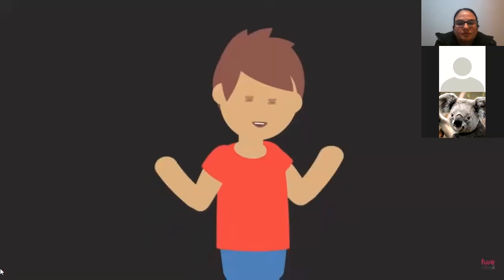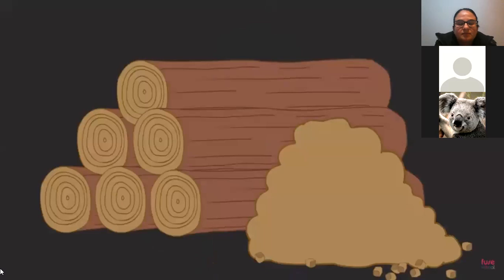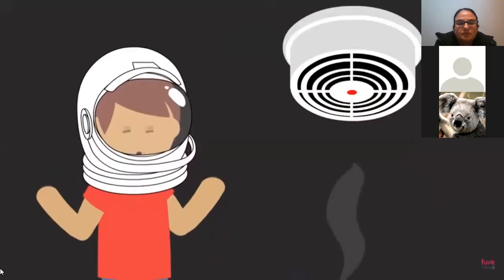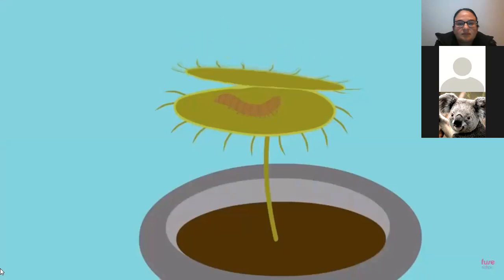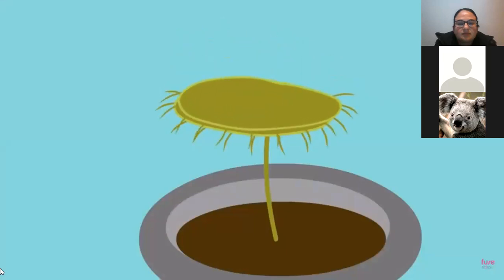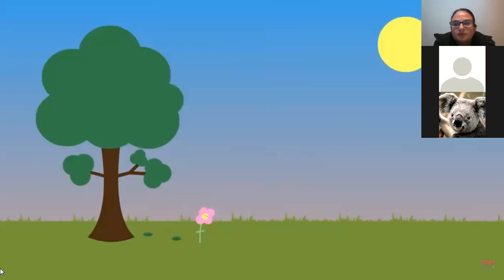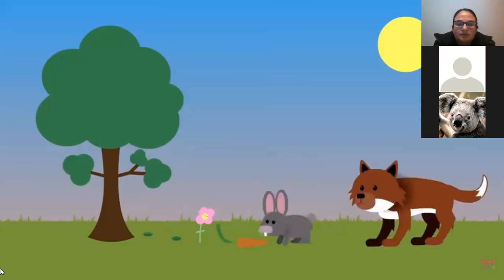There are some useful byproducts in this world: sawdust from the lumber industry, smoke detectors from space research, but I think we can all agree that producing oxygen is the most valuable of all byproducts. Green plants are called producers or autotrophs because they have the ability to produce their own food. They are the start of the food chain, and every animal relies upon them either directly if they are a herbivore like a rabbit, or indirectly if they are a carnivore like a fox.